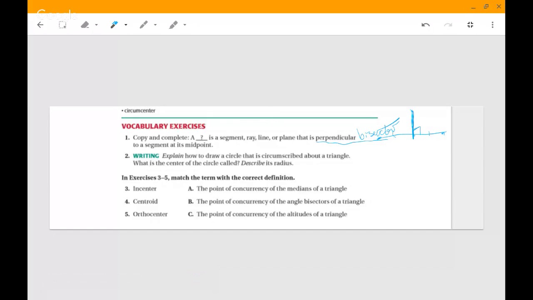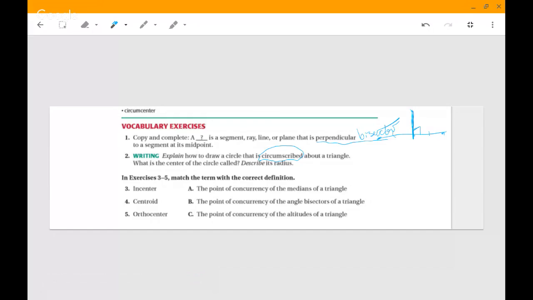Explain how to draw a circle that's circumscribed about a triangle. What's the center of the circle called? Describe its radius. This is your big keyword for the second question. Well, the circumcenter is the center of the circle. So if you have a triangle, we looked at this in the book, circumscribe means that it touches every vertex. This is so not a circle, but it touches every vertex.